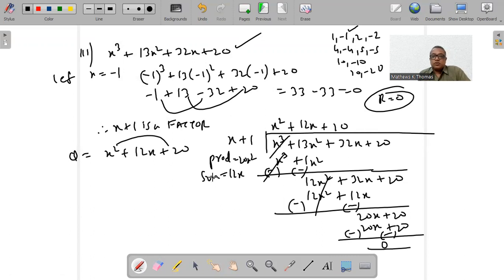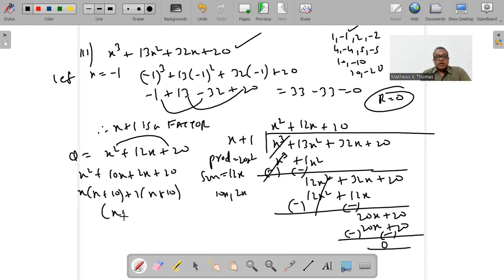So think of two numbers which on multiplying will give me 20, on adding will give me 12. So x square plus 10 and 2 will be my factors, right? 10 2s are 20 and 10 plus 2 is 12. So 10x plus 2x. X common x plus 10, 2 common x plus 10. So I'll combine this, I'll get x plus 10 and x plus 2.